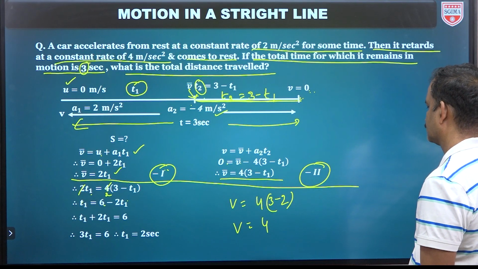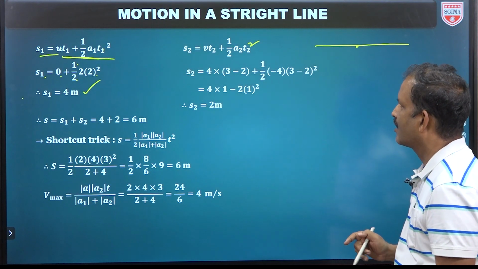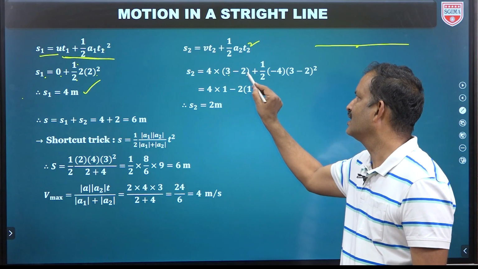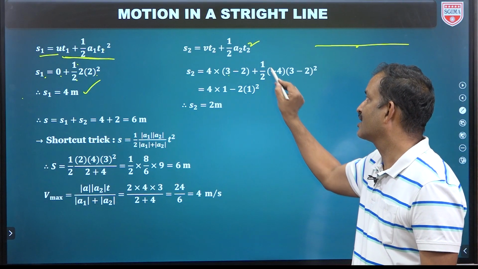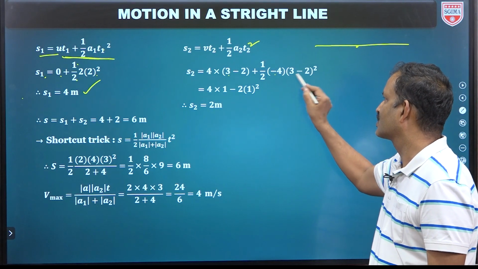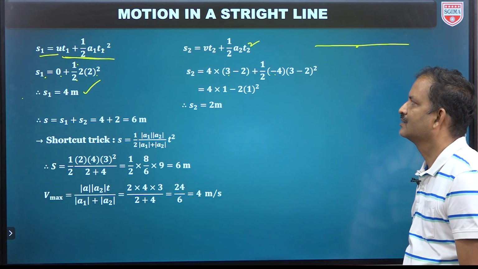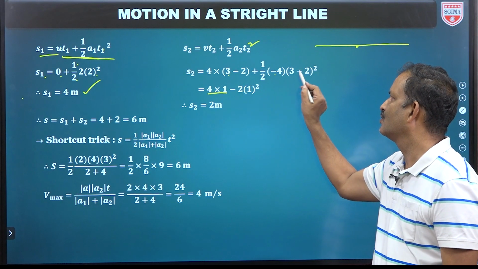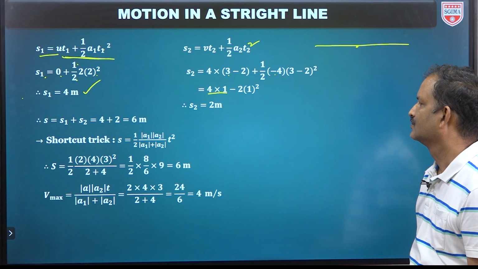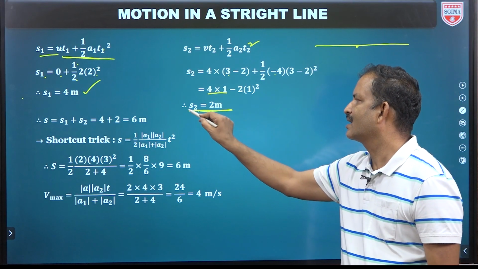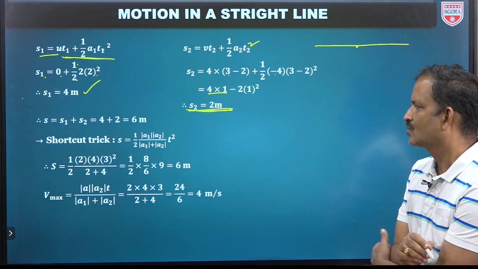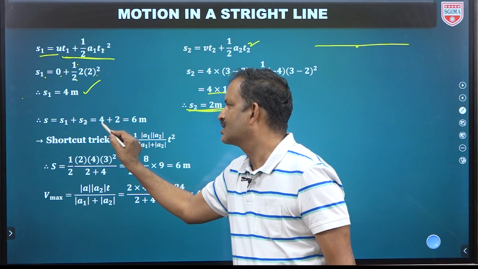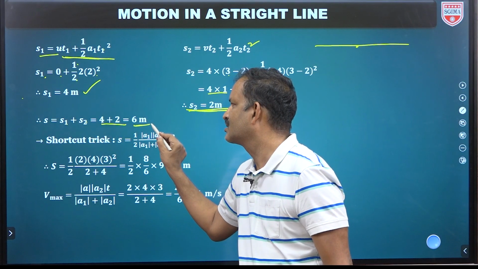Then I am writing v value 4 into t2, which is 3 minus t1, plus half of a, here retardation, minus 4, t2 squared, 3 minus 2 whole squared. Then I simplified this: 4 into 1 minus 2 into 1. Then s2 is 2 meters. So, the total distance s is equal to s1 plus s2, that is 4 plus 2, that is 6 meters.